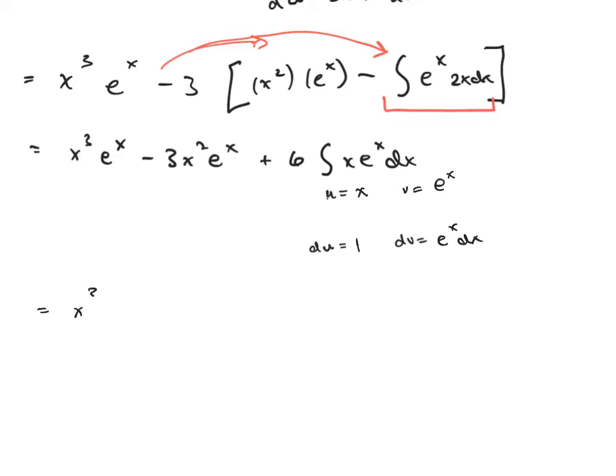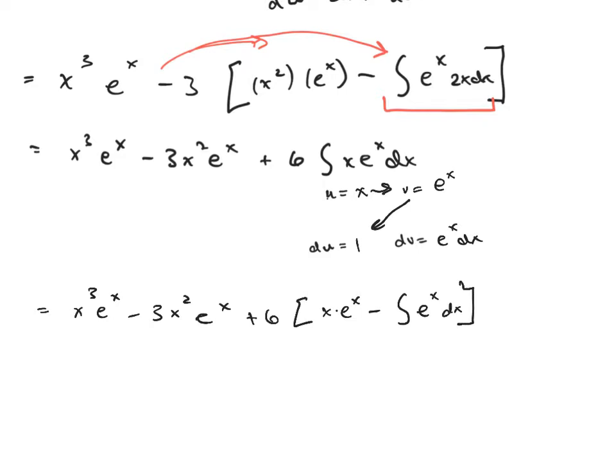So I have x cubed e to the x minus 3x squared e to the x plus 6 times. Now I need to use the rule, uv minus the integral of v du. So uv would be x times e to the x minus the integral of v, which would be e to the x, du, which would be dx.